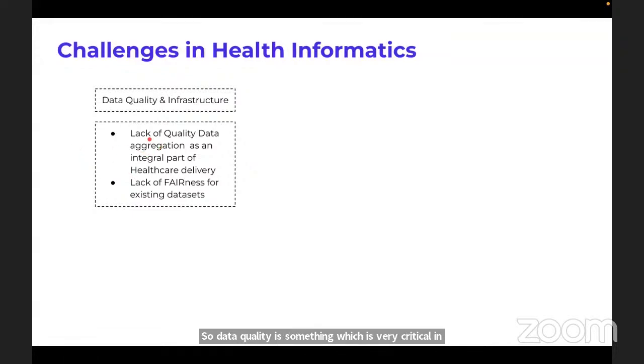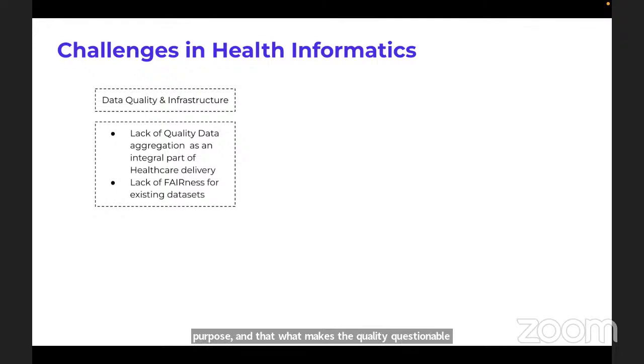We lack quality data aggregation as an integral part of healthcare delivery. People capture healthcare data as a part of rendering healthcare service, so healthcare data capture is more of a secondary purpose. And that makes the quality questionable and doubtful in some cases.